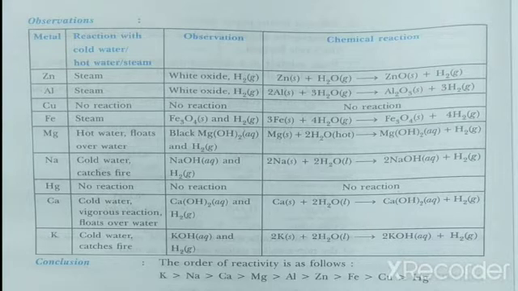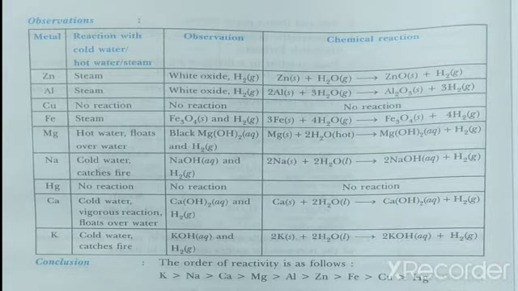If a metal reacts with hot water, it shows that the metal is less reactive compared to the metal which reacts with cold water. And if a metal reacts with steam, it shows that the metal is less reactive compared to the metals which react with cold and hot water. Thus, from the table, it is clear that reactivity differs from one metal to another.